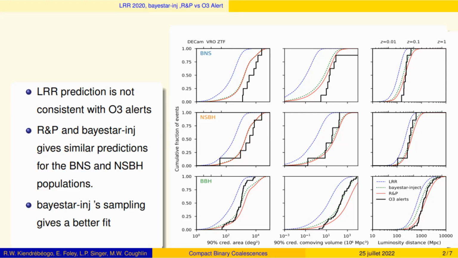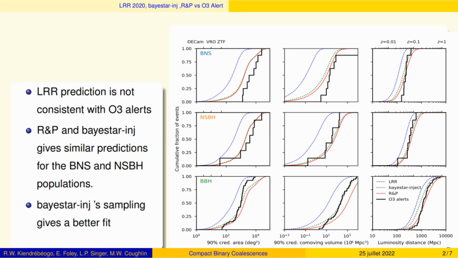The thick black line, which you can see on all these graphs, is real O3 data, which is publicly available on the LIGO website. And the LRR prediction, which stands for Living Reviews in Relativity, is the dotted blue line. That was a simulation done by LIGO-Virgo in 2019. And as you can see, it's a little bit inconsistent with the data.